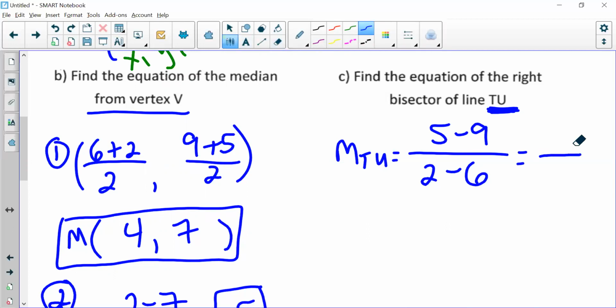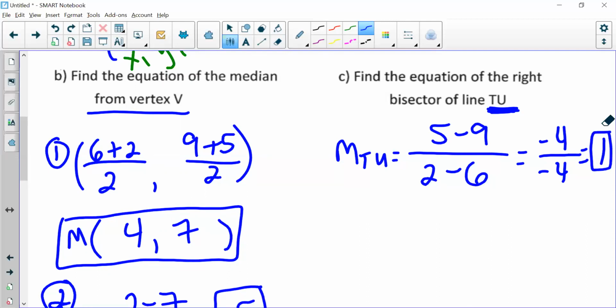What's your slope of TU? One. Thank you, Will. It is 1.